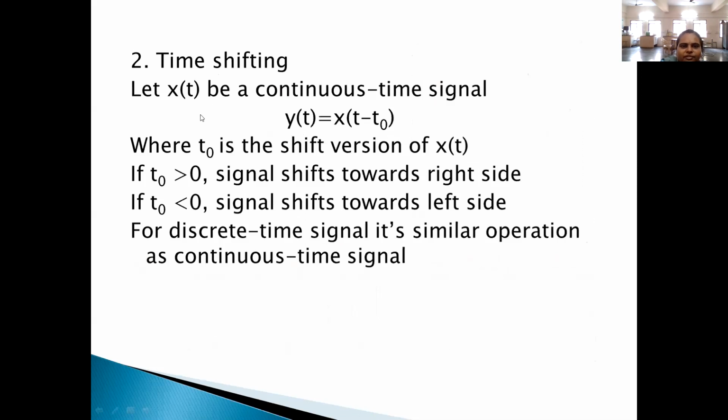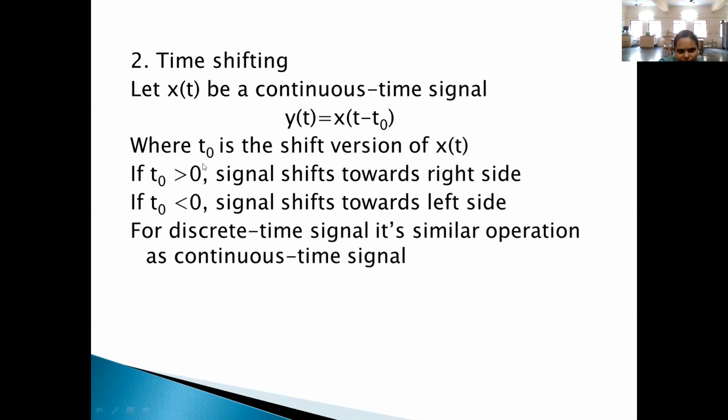Next, time shifting. Time shifting is done for both discrete and continuous time signals. The operation is the same for both. Here the condition is y of t equals x of t minus t naught, where y of t is the shifted version of x of t.